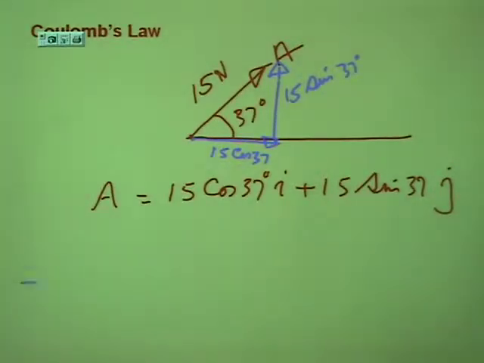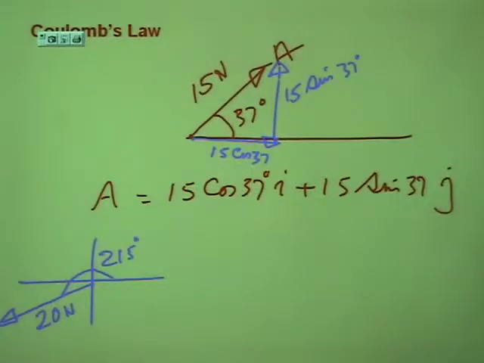In the same way, suppose I have a vector of 20 Newton at an angle of 215 degrees. How do I write the component form of that? Suppose this vector is B. I will write B equal to 20 cos 215 degrees i plus 20 sine 215 degrees j.